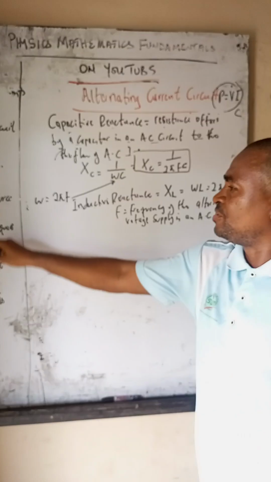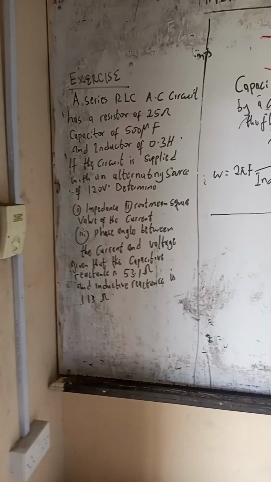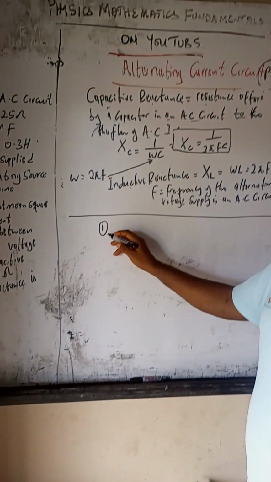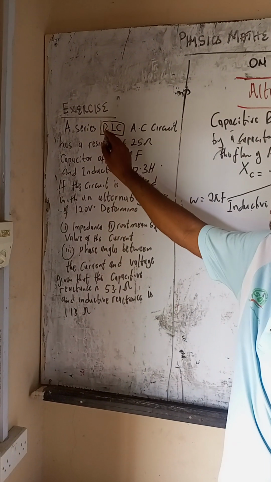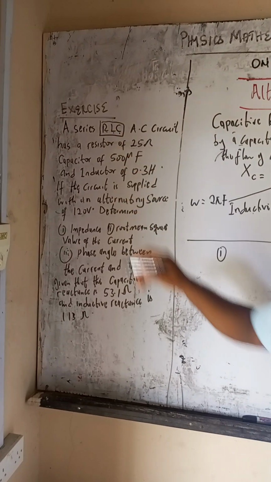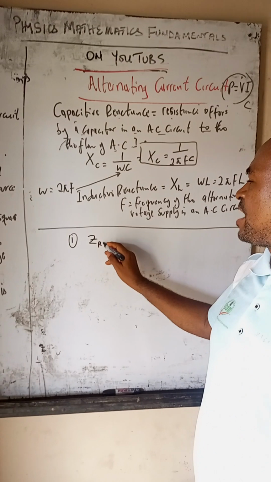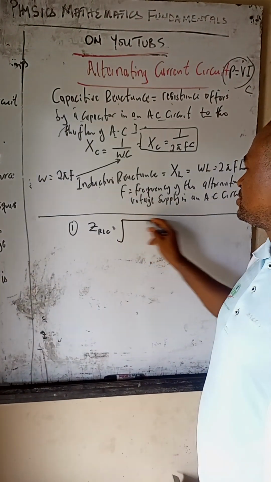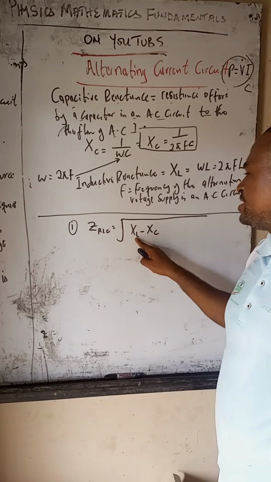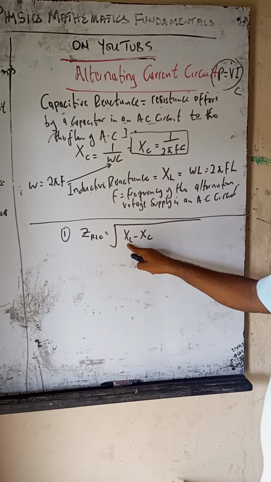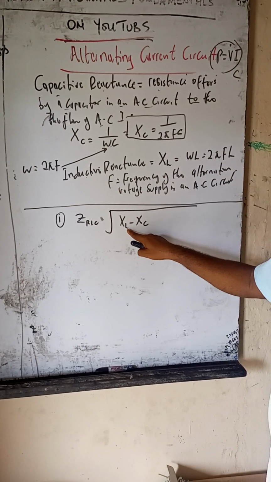Now, question number one says we should find the impedance. Like I said in my last video, solution one. Because we are talking about an AC circuit that contains a resistor, inductor, and capacitor, the impedance Z of an RLC circuit is given as the square root of (XL minus XC) squared, plus R squared. XL is the resistance offered to the free flow of alternating current by an inductor.